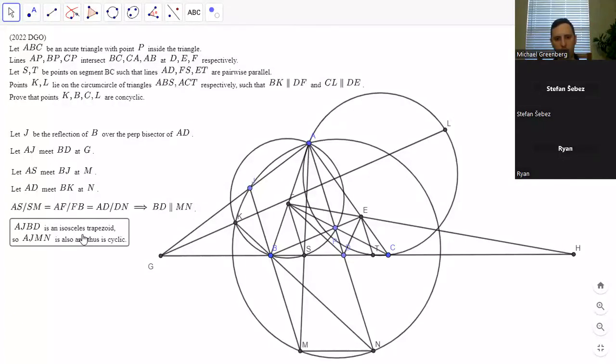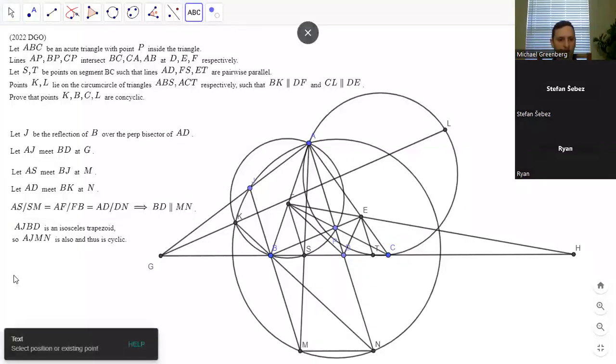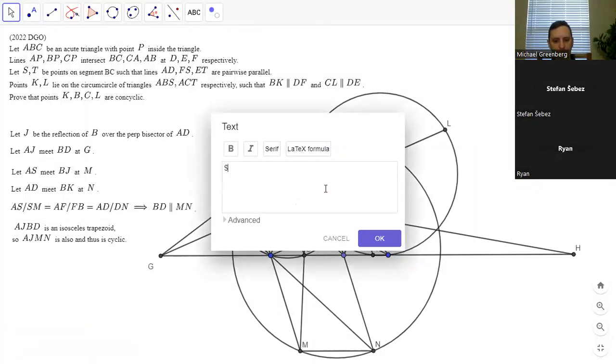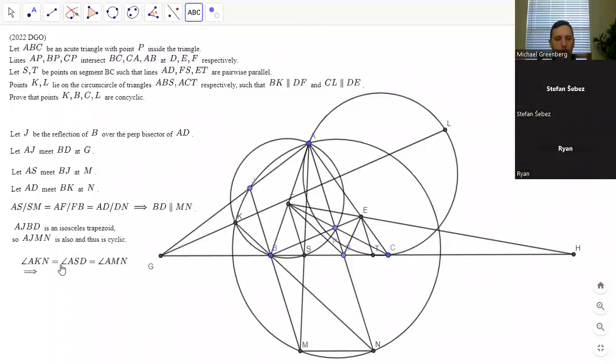Angle AKN is ASD, which is AMN. Ah, good point. So then we have AJKMN is cyclic.